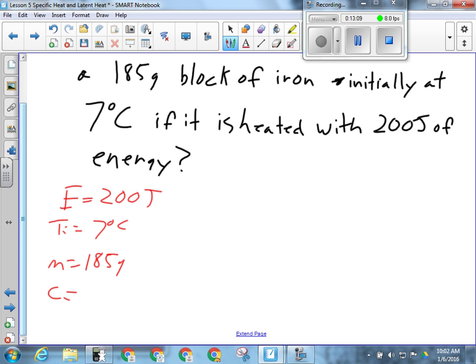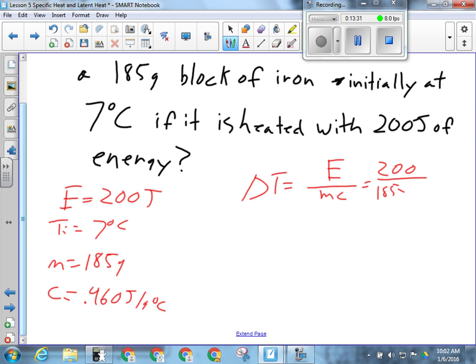Iron is what, 0.18 something? No, 0.43 something. 0.460 joules per gram degree Celsius. So I'm going to solve for delta T here. Delta T is going to be E divided by M times C. So 200 divided by 185 times 0.46.